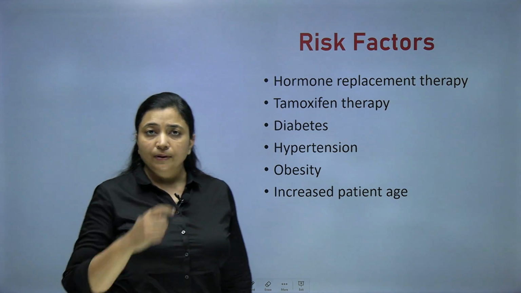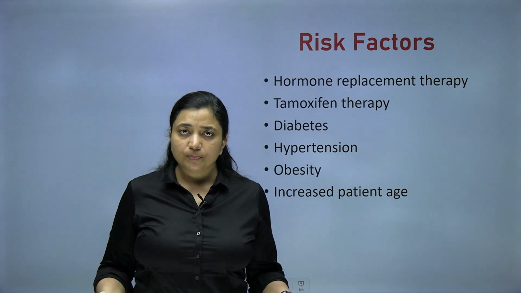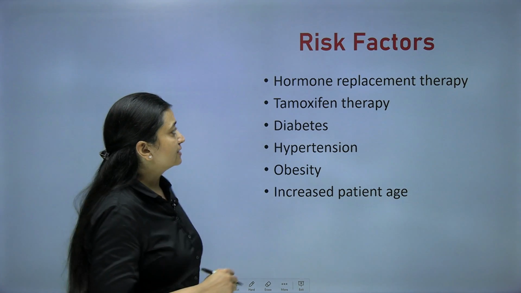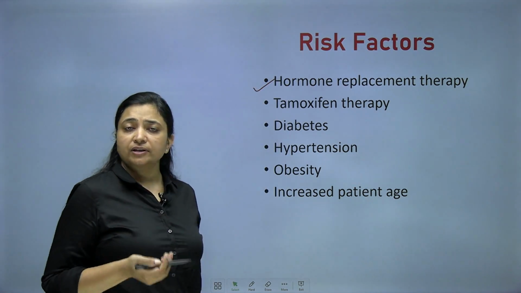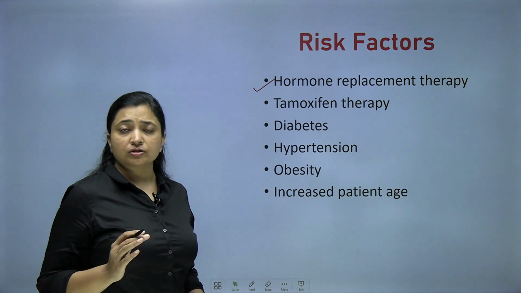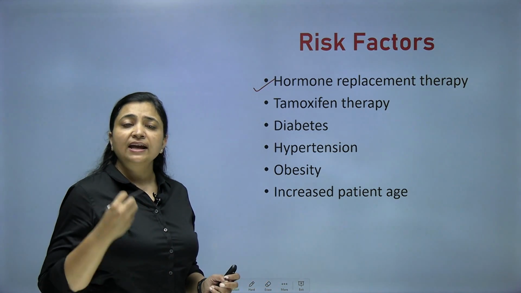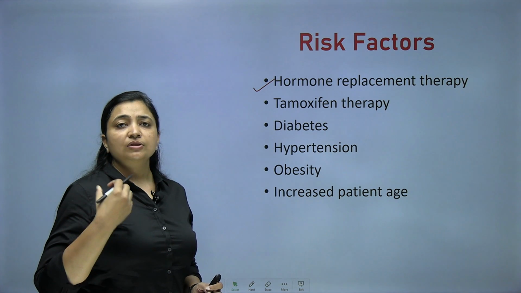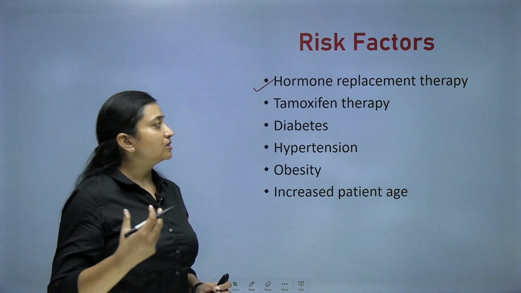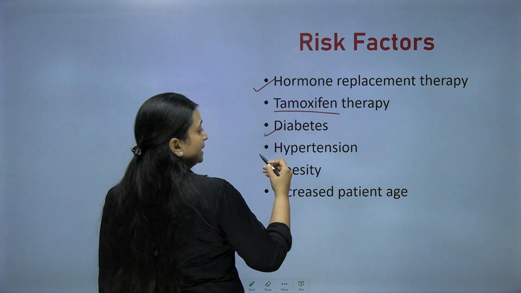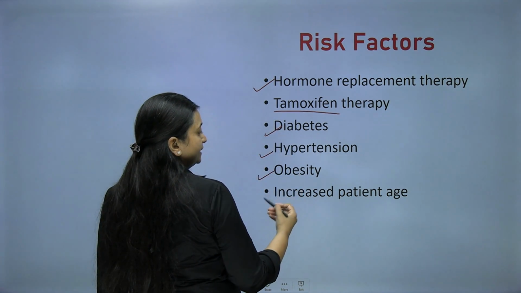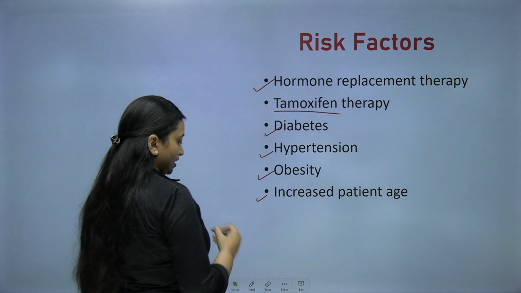Why is there a polyp? Mostly it can be idiopathic also, but there are some risk factors, like you are giving hormone replacement therapy. Hyperestrogenism, as we were talking, when there is a high estrogen environment, anything proliferates. So the endometrium proliferates and it forms a polyp. Tamoxifen therapy, diabetes, hypertension, obesity and increased patient age.